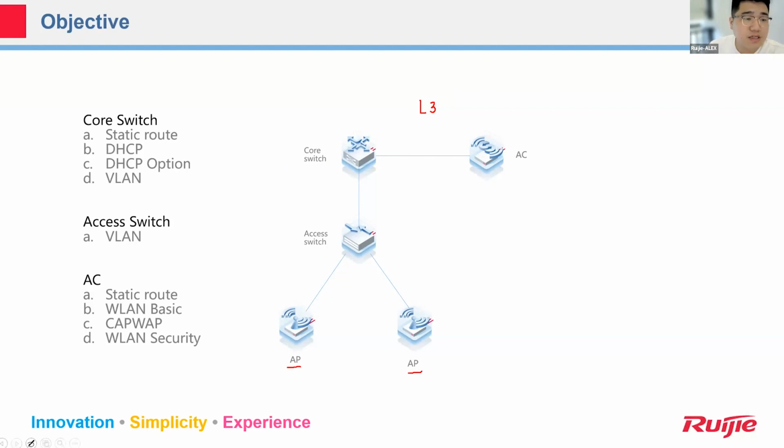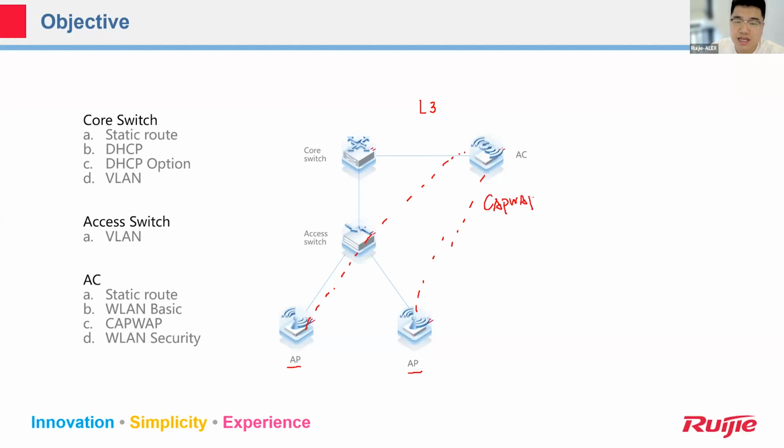Besides DHCP, we're going to use the DHCP option to assign the IP address of the AC to each AP. Because after learning RCNA WLAN, I think you must know that between each AP and the AC, they should establish a CAPWAP tunnel, right?